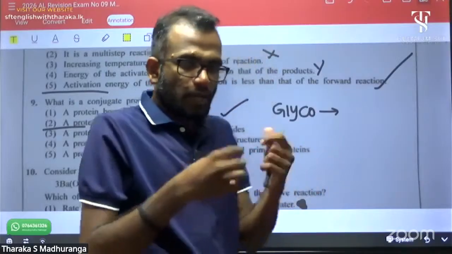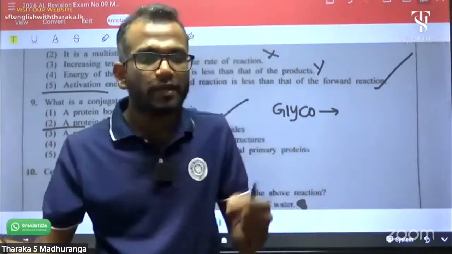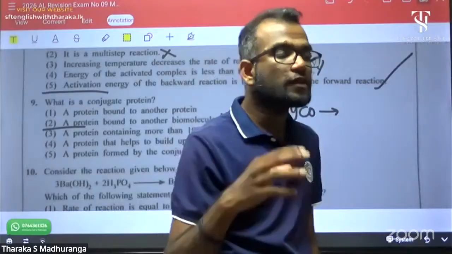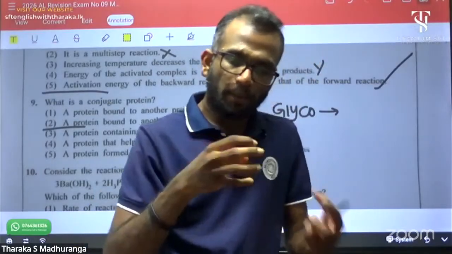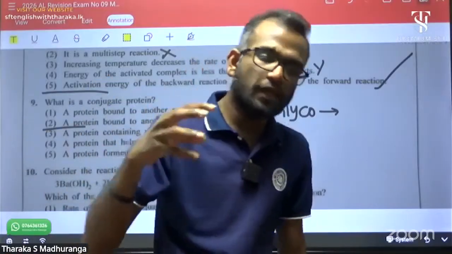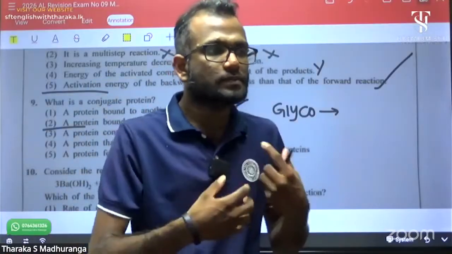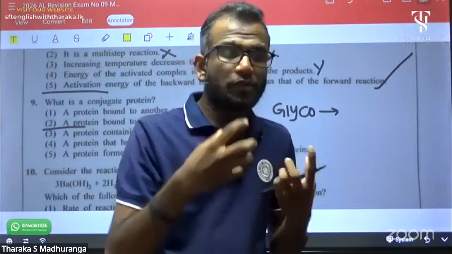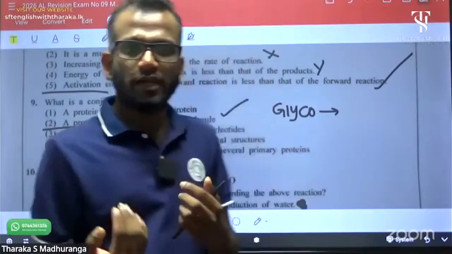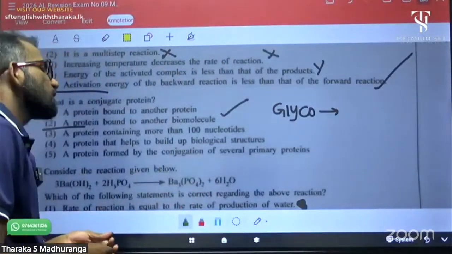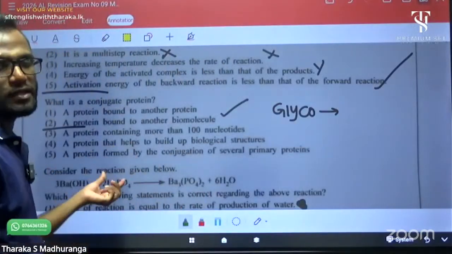That means an amino acid chain combined with carbohydrate is called glycoprotein. Not only that, phosphoprotein is also there: an amino acid chain combined with a phosphoric acid group. There are different types of proteins like these, called conjugated proteins, combined with another biomolecule.